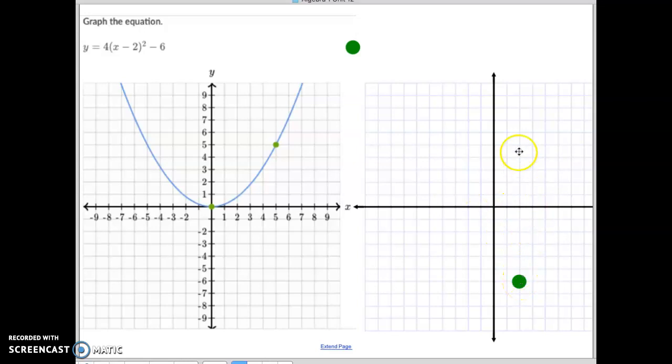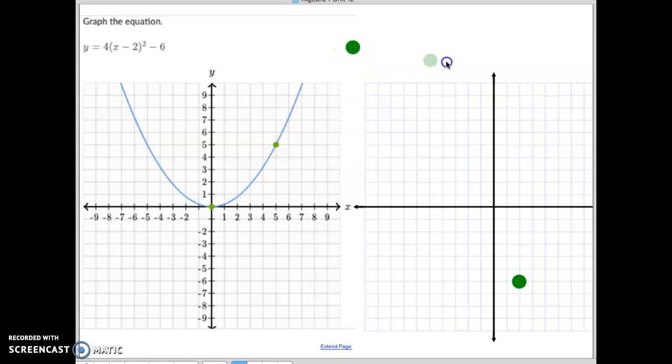Then we need to find the next dot. So again, we're going to see if the y-intercept will work because it's so easy to work with. So we know if we plug in 0 for x, 0 minus 2 is -2. -2 squared would be +4. +4 times +4 would be 16, and 16 minus 6 would be 10.